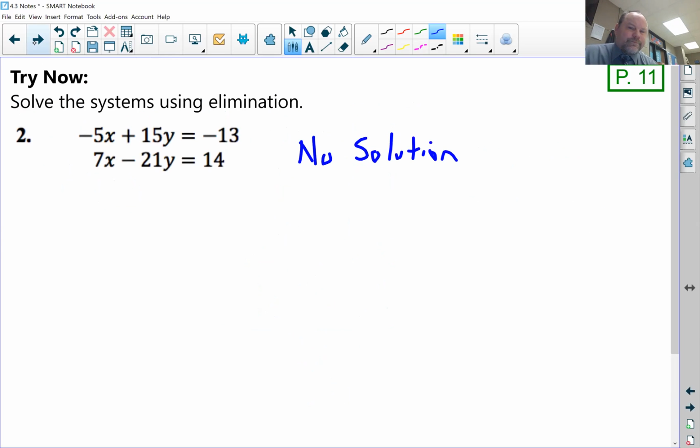How about the second example? Would we like to see that one? I just multiplied the top equation. So what I did is I took the top equation and multiplied by 7.